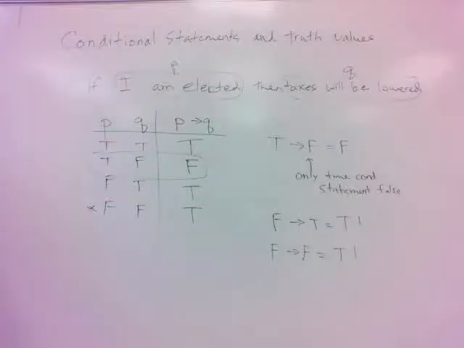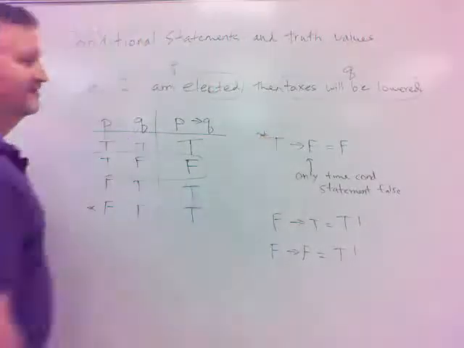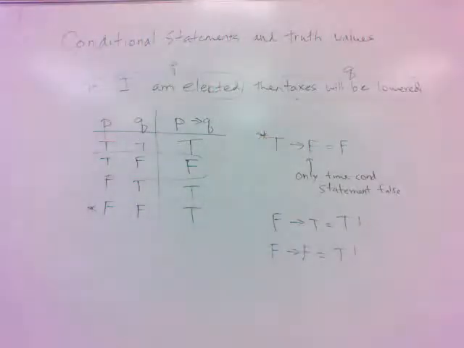But this is the key. T arrow F is the one that's false. The only time it's false. The rest of the time they are true. Okay? So that's how the conditional works. T arrow F is the only time it's false.